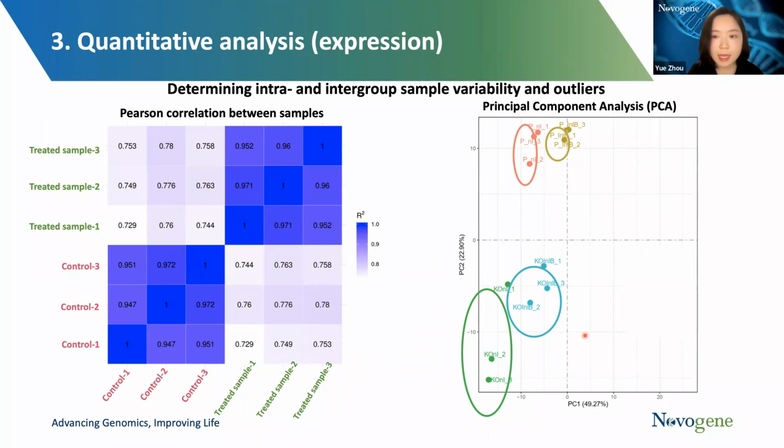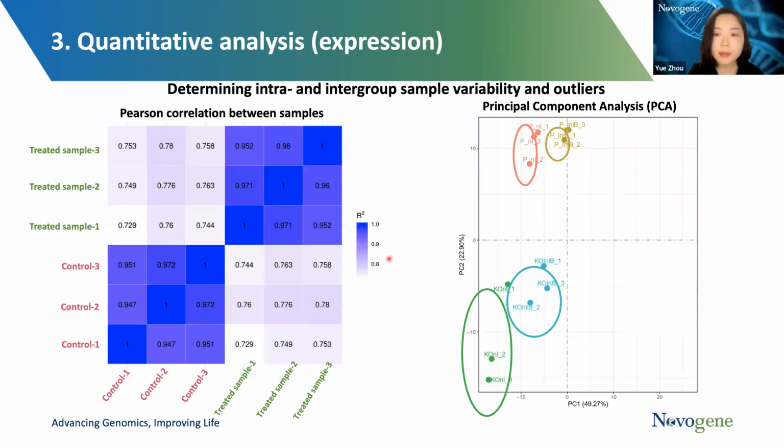Both PCA and sample correlation analysis can help to identify outliers that were not excluded during the upstream steps, such as alignment. These are useful for realizing the overall effect of experimental covariates and batch effect. For example, we could see the Pearson correlation between samples.